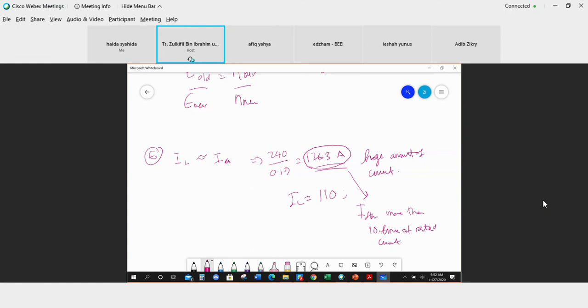So dekat sini dia kata it's about 11.5 times greater than the full load current. So this much current is extremely likely to damage the motor. Dia burn the windings. So tanya protection kali.